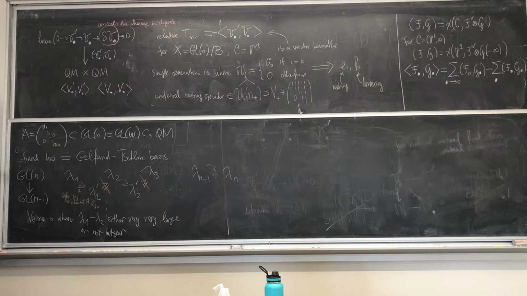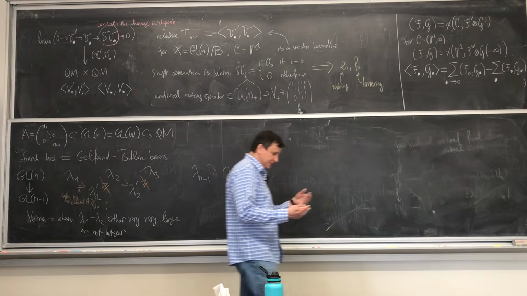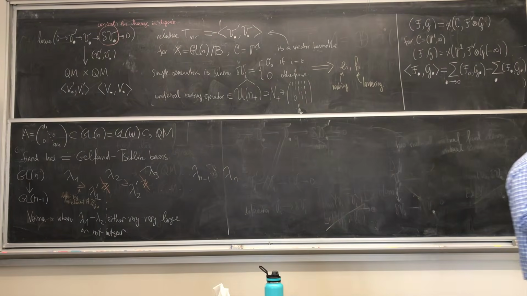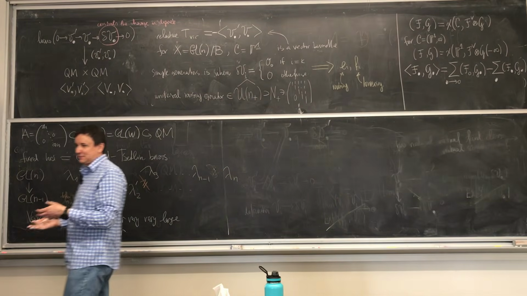Yeah. So I'm just saying how we're supposed to go from a finite dimensional representation to Verma and back. First, when you write a Gelfand-Tsetlin basis, this is the basis of a finite dimensional representation.